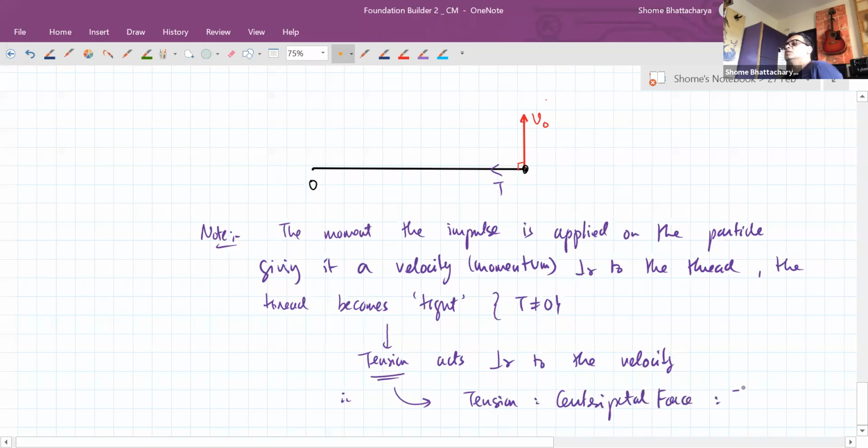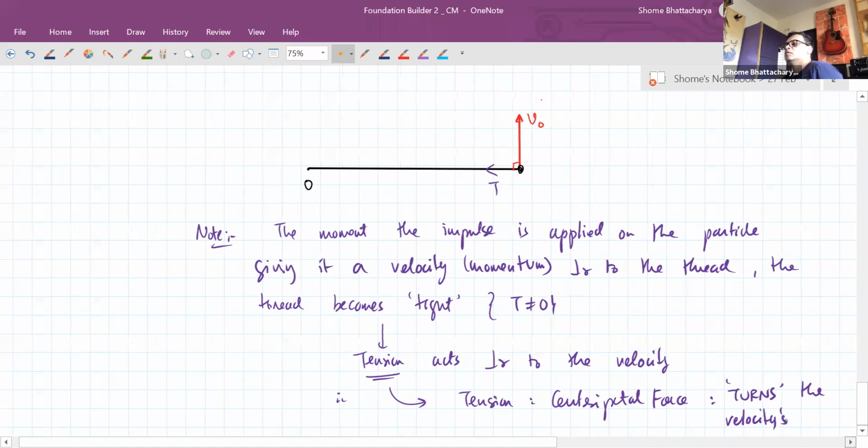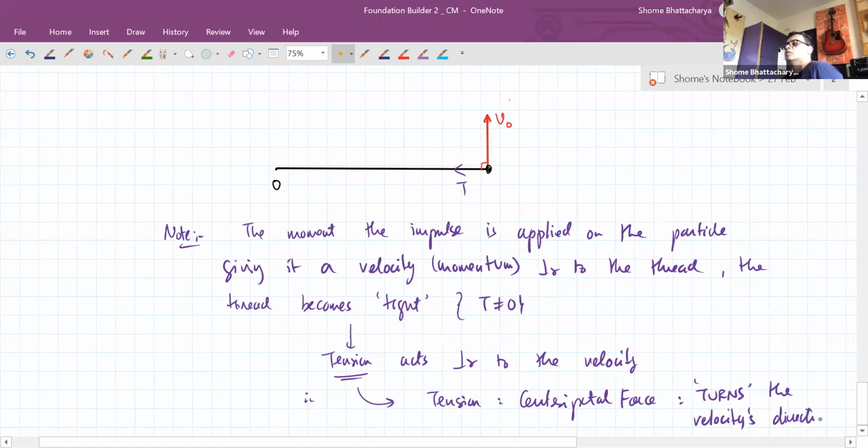So it turns the velocity vector. It turns the velocity's direction, but it does not change the magnitude. We'll come back to the magnitude part. But the moment this tension acts, you can see the velocity's direction will start to change.